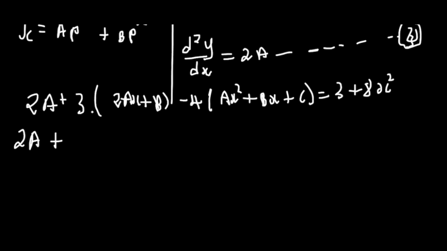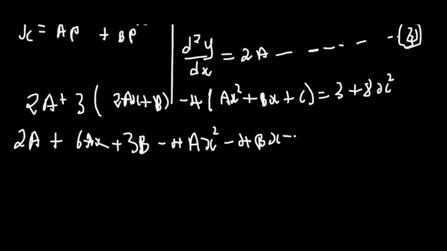This will be 2a plus 6ax plus 3b. Now here we have minus 4ax squared minus 4bx minus 4c, equal to, let's say, 8x squared plus 0x plus 3.